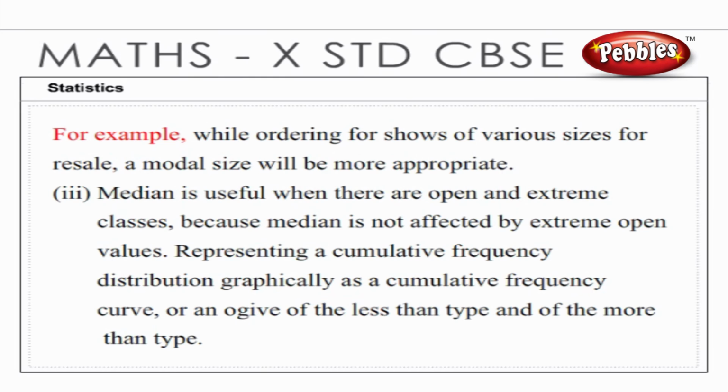Third, median is useful when there are open and extreme classes because median is not affected by extreme open values. Representing a cumulative frequency distribution graphically as a cumulative frequency curve or an ogive of the less than type and of the more than type.